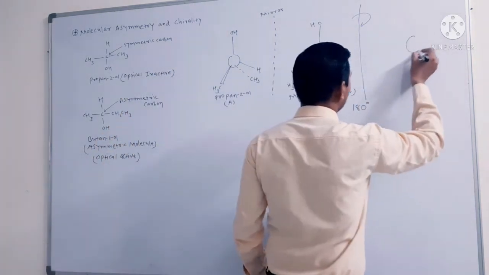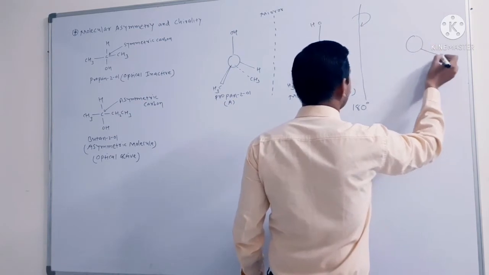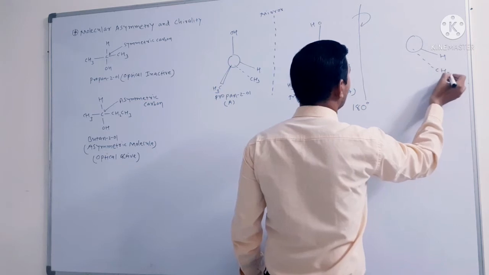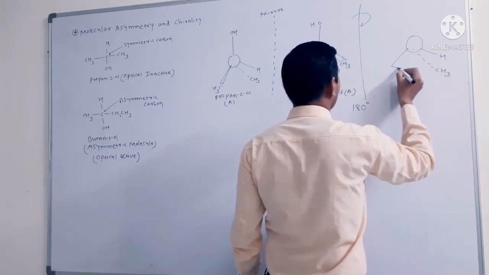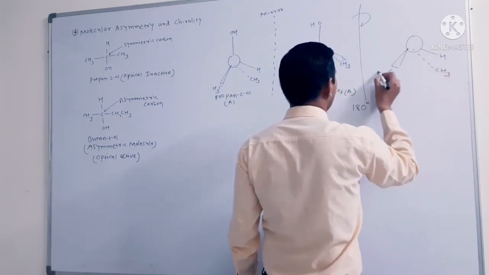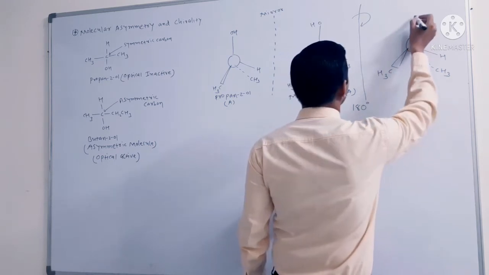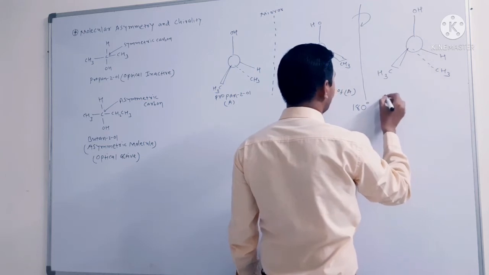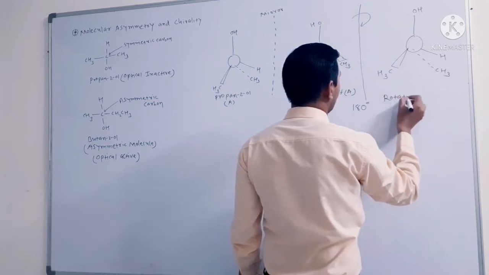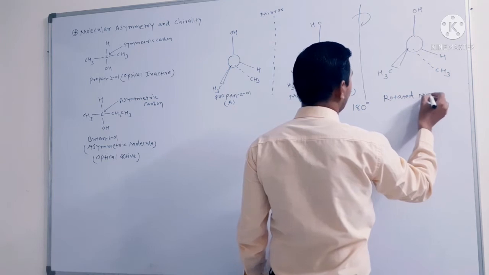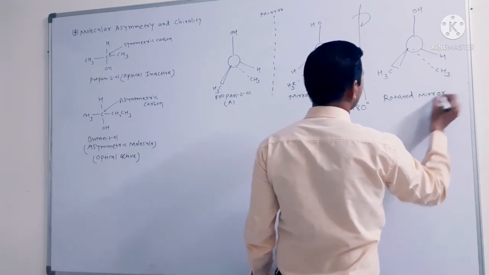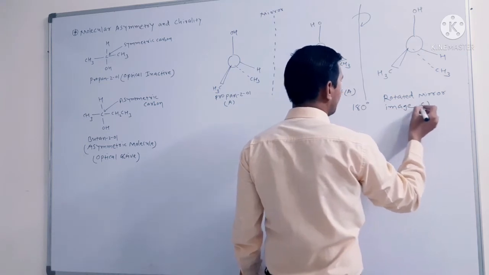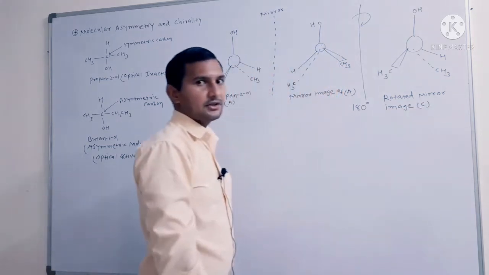This is carbon, on the right-hand side hydrogen, here a methyl group, the second methyl group towards the left-hand side, and this one is OH. This is the rotated mirror image, called structure C.